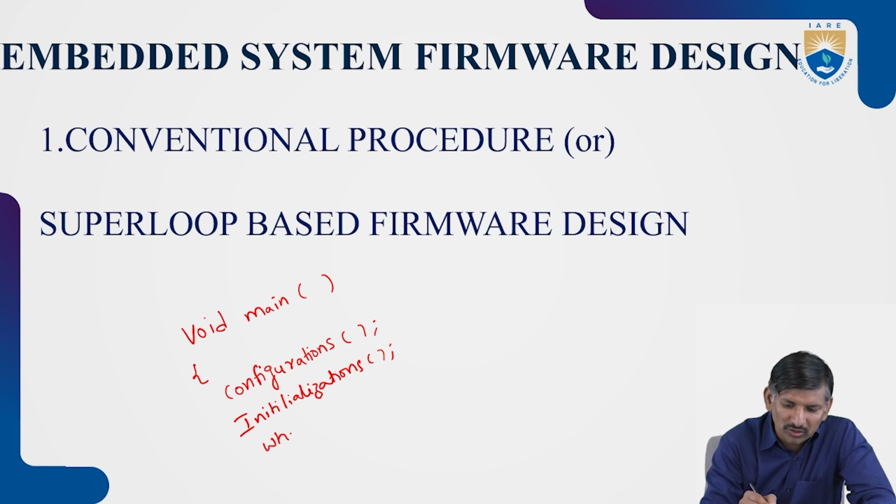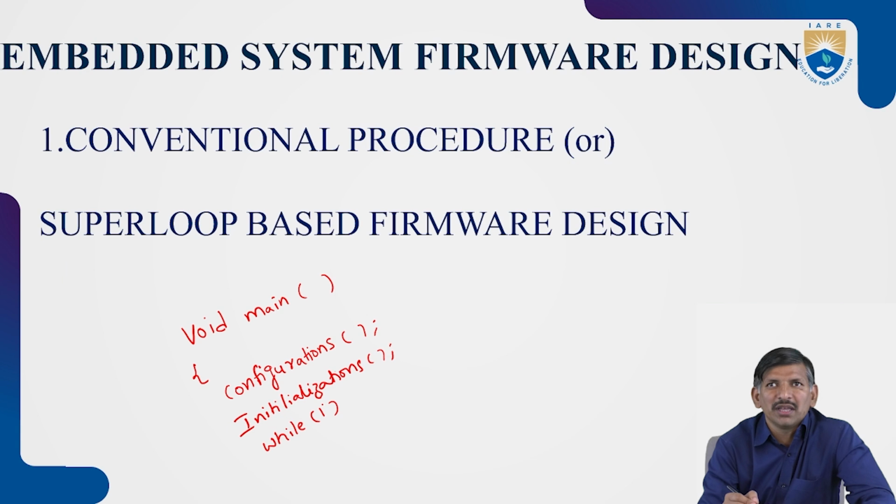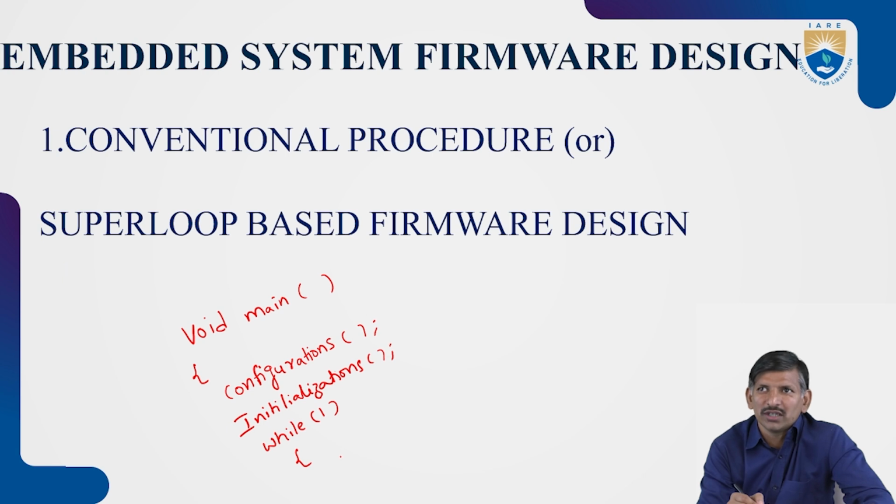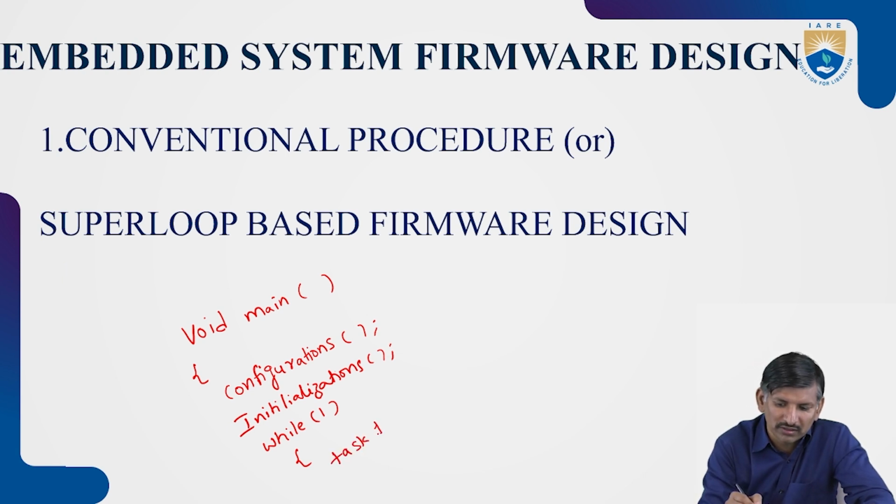Next, I want to do this operation an infinite number of times, that's why I am taking a while loop. Here, whatever tasks I want to execute, they will be defined in order: Task 1, Task 2, and so on, up to Task n.